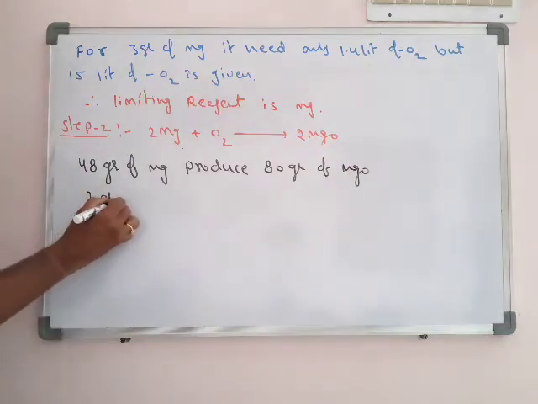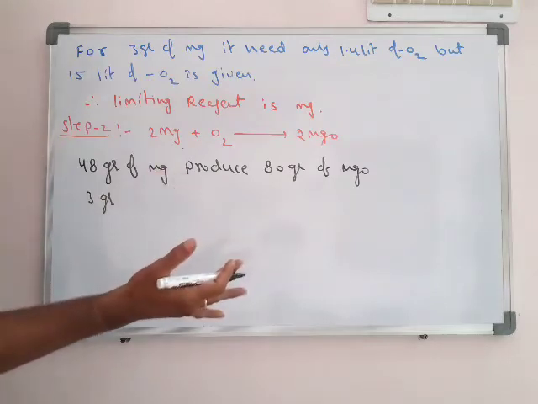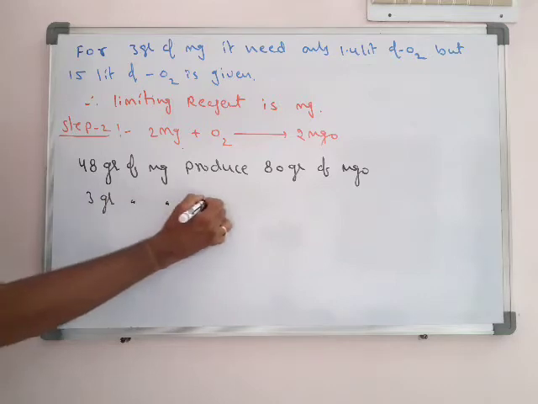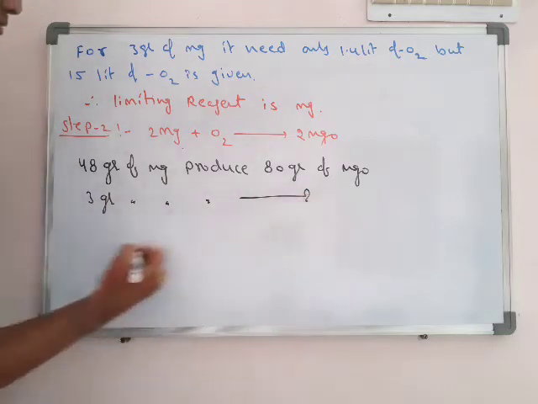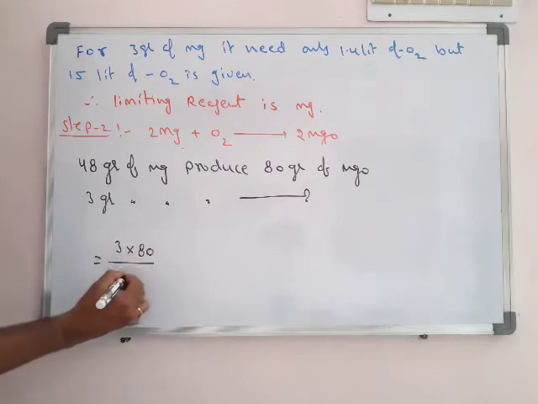Then what about 3 grams? In the problem 3 grams and 15 liters are given. So 15 liters is excess, so we are removing it. So 3 grams of magnesium produce how much MgO? Cross multiplication.